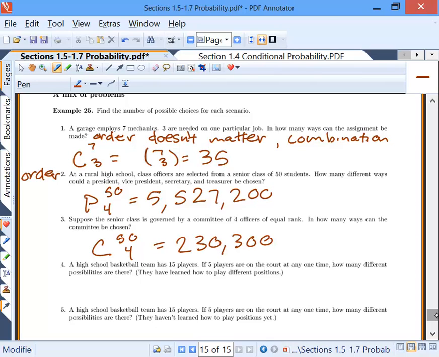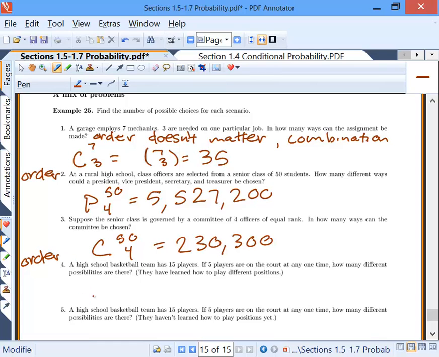I think order matters in 4. John as forward and Julie as guard is different from Julie as forward and John as guard. That would give you different combinations, since people play differently in different positions.